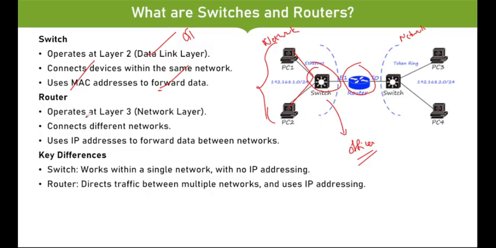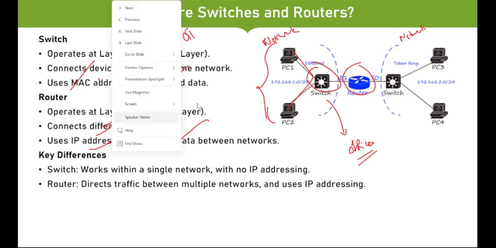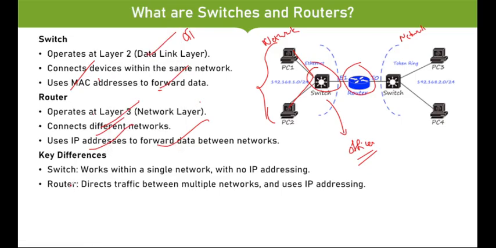It operates at layer 3, the network layer, connects different networks, and uses IP addresses to forward data between networks. So a switch uses the MAC address, and a router uses the IP address to find the destination where data needs to be sent. Key differences: a switch works within a single network with no IP addressing. A router directs traffic between multiple networks and uses IP addressing.